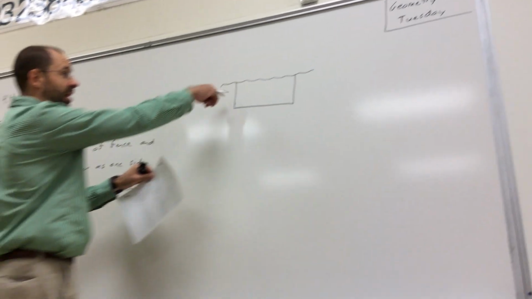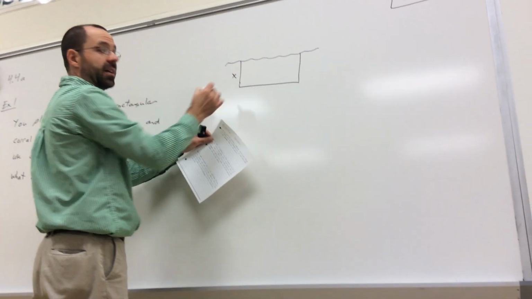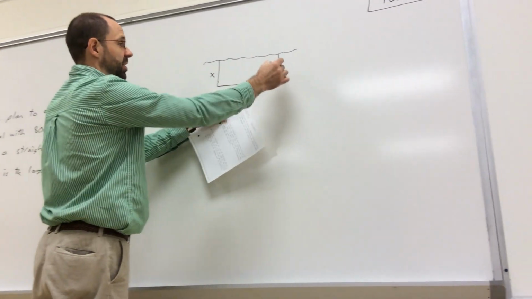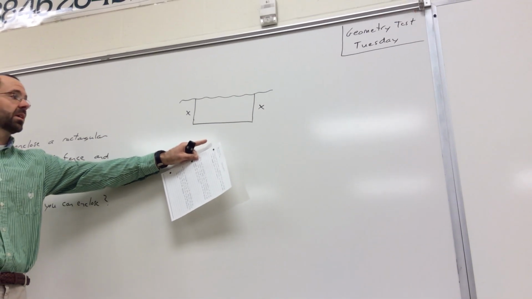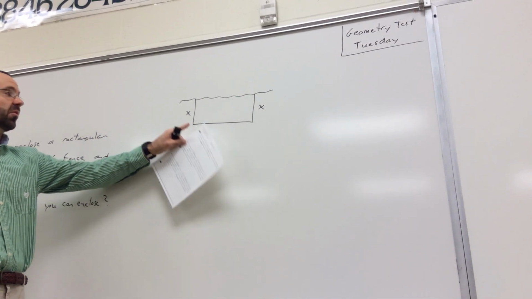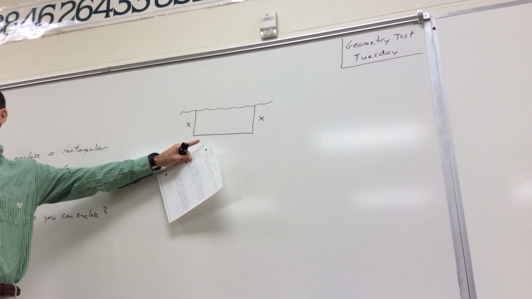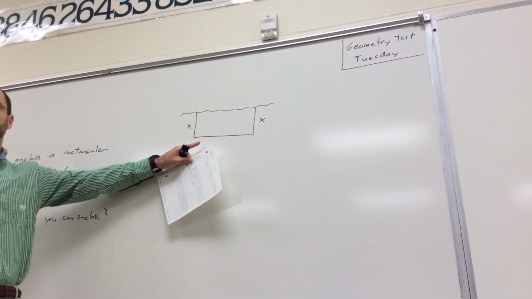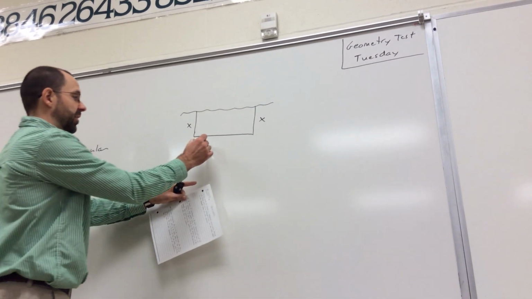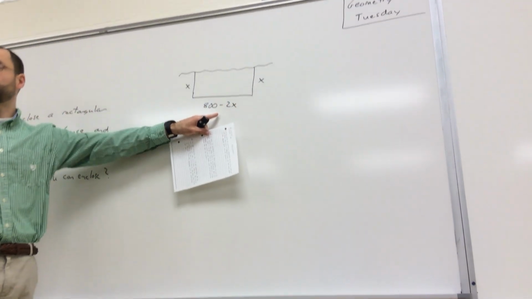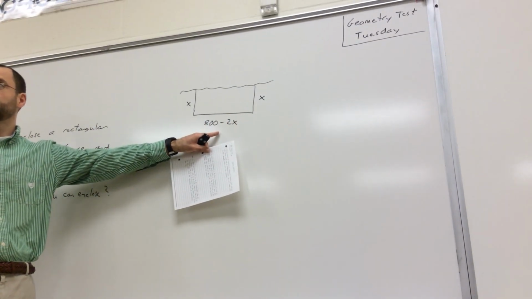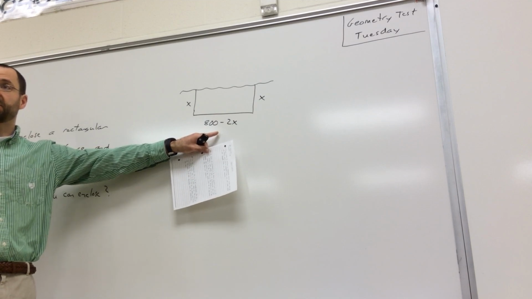All right, so you don't know how long this side is, so you're going to call it x. And this side is also x. So far you've used up 2x of the fence. That means you have 800 minus 2x left for the third side, because all 3 sides have to add up to 800.